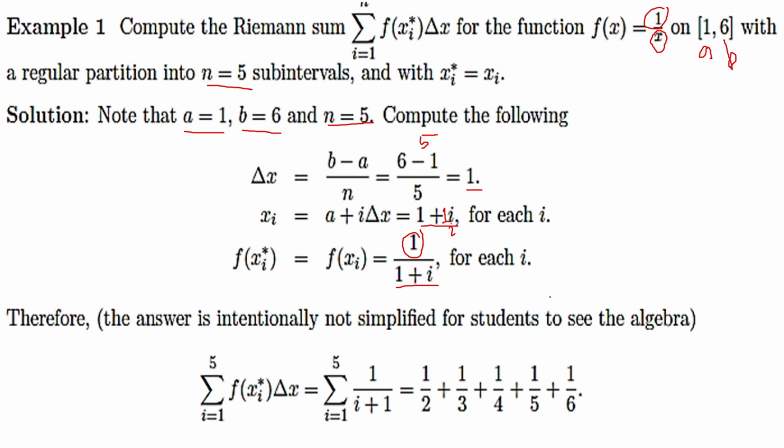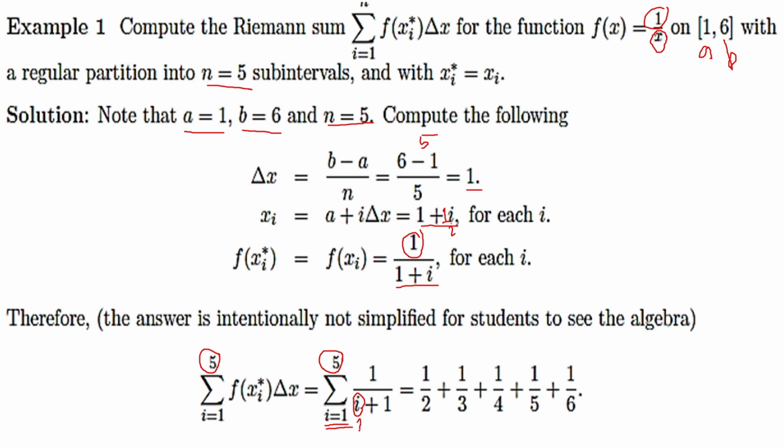As you can see, from i equals 1 to 5, it's f of x sub i times delta x. So we will get the algebra already. We have 5 here, so it means you will stop at 5. You start at 1 and then substitute this 1. Let's try. 1.